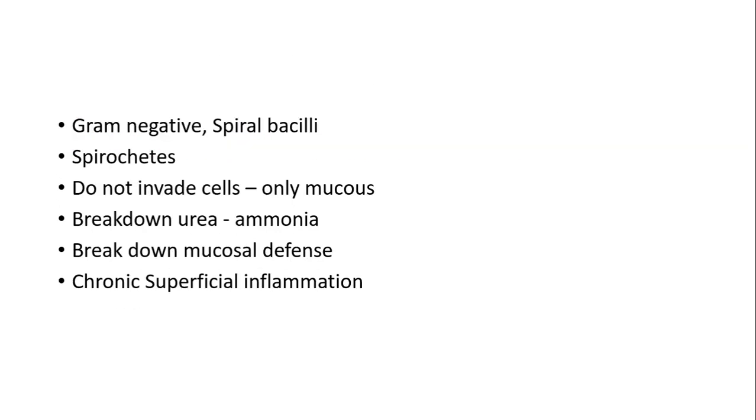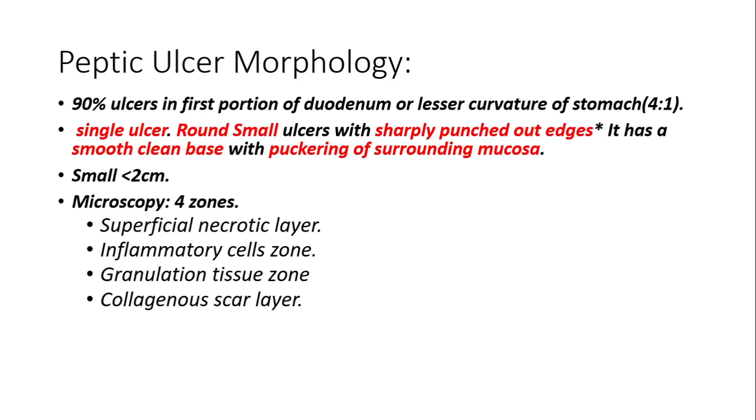Peptic ulcer morphology, the morphology of peptic ulceration. Most commonly, 90% of peptic ulcers are in the first part of the duodenum, proximal duodenum, or lesser curvature of the stomach.